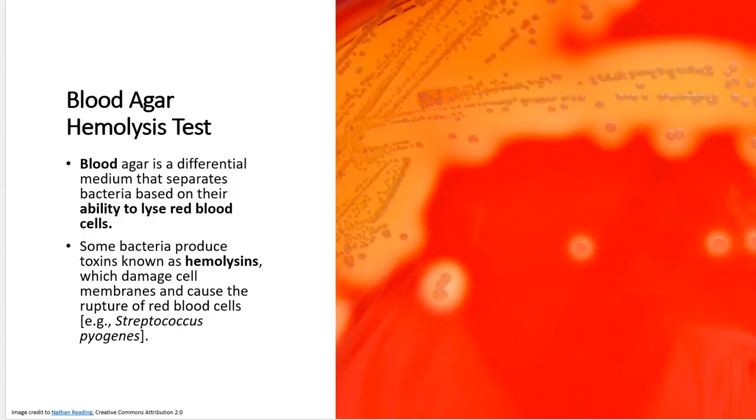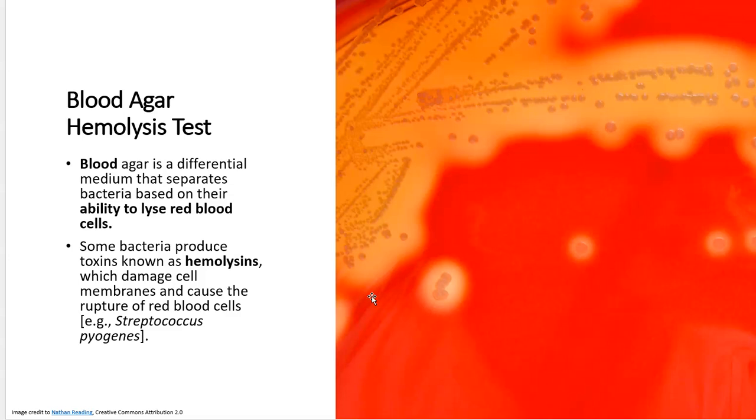The last plate we'll talk about is the blood agar. The blood agar is used to see if a bacterium has any type of hemolytic toxins that can destroy red blood cells. There are several different species of bacteria that have what we call hemolysins. The most commonly known one is Streptococcus pyogenes.